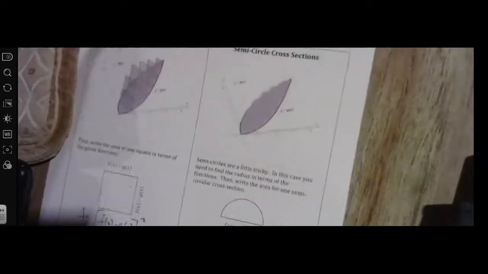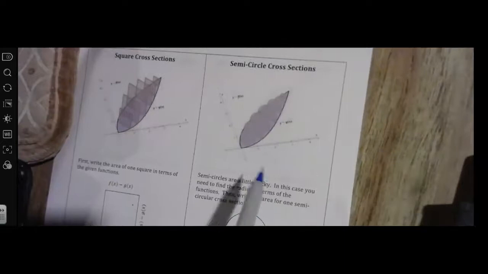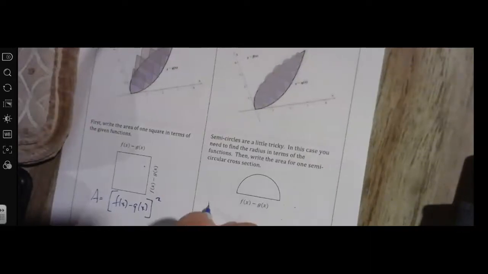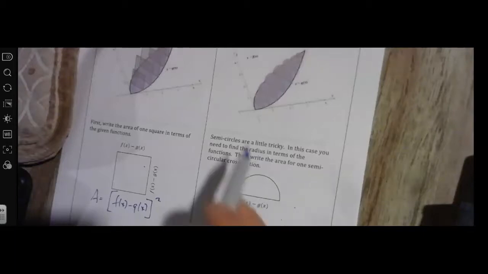Now, over here, we have some semicircles. Semicircle cross sections. You want to find the radius in terms of the functions. So we have f of x minus g of x. Now, our radius is going to equal 1/2 of this, because we don't want the whole entire thing.